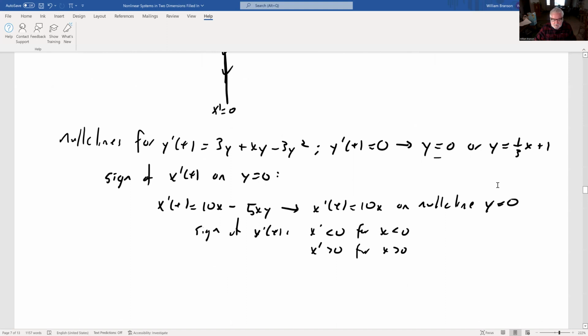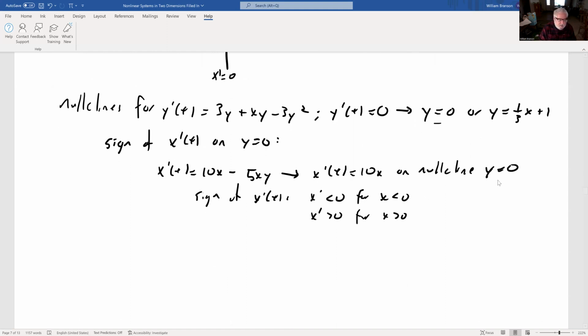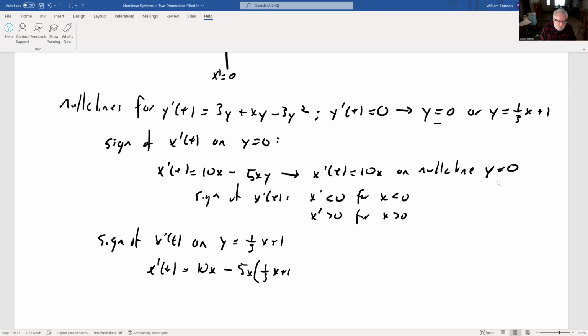Now the last nullcline is the sign of x prime of t on y equals 1/3 x plus 1. So again, x prime of t now is 10x minus 5 times x times 1/3 x plus 1.